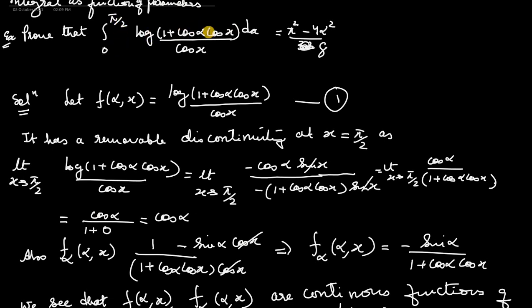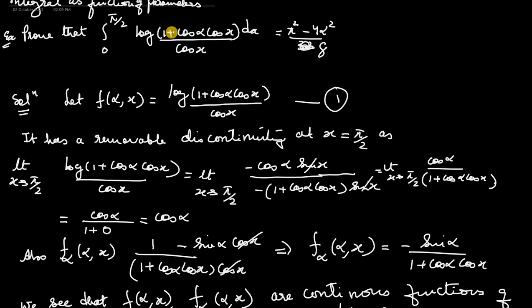Because if I take it 0, then in that case we cannot easily evaluate the constant c, because you'll get 1 plus cos of 0 is 1. So it will be log of 1 plus cos x by cos x, integral of that one. So it will be a lengthy process for us to evaluate that c. But now if I take this particular value of alpha to be pi by 2, then in that case this cos of pi by 2 here will be 0.